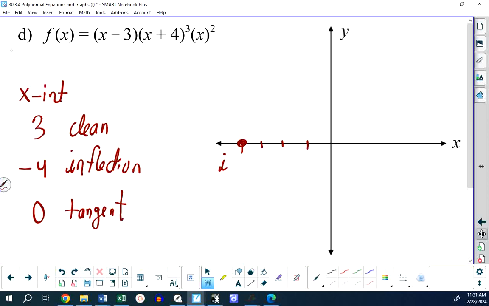It will have an x-intercept of 0, and this will be a tangent point. It will have an x-intercept of 3, close enough, and this will be clean.